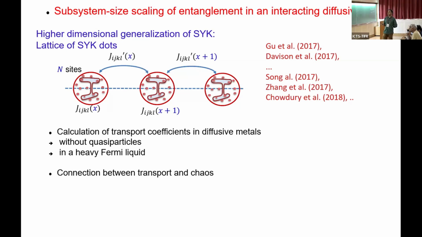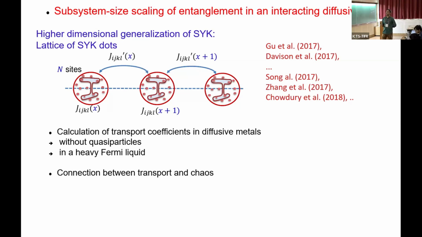The reason this was interesting is that you are taking these non-Fermi liquid quantum dots and putting them on a lattice. In this simplest version, the large N saddle point of the model doesn't change when you go from the dot to the lattice. It's just some renormalization of the coupling.